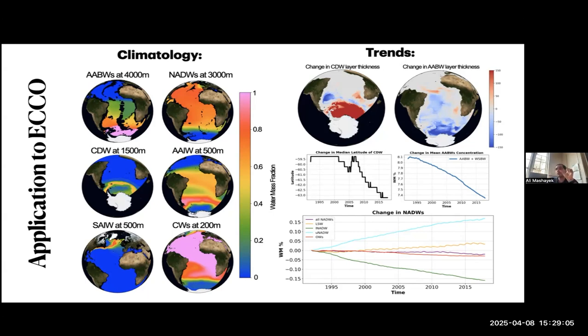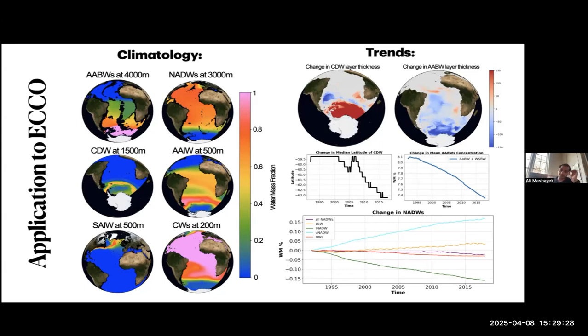So it's loyal to the equations and closest to observations, and you try to minimize the cost function. And we apply the methodology, the classifier boosted machine learning, and you can actually start getting three-dimensional distributions of water masses.